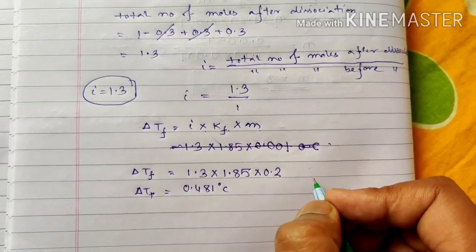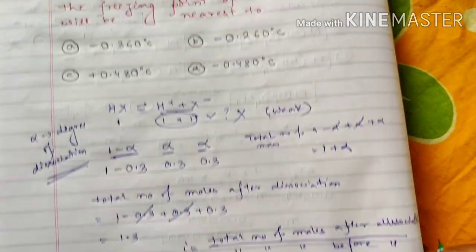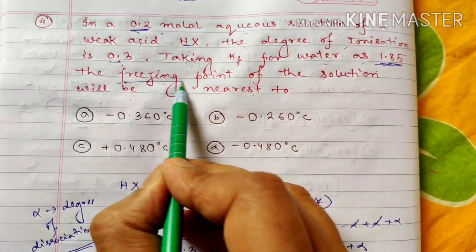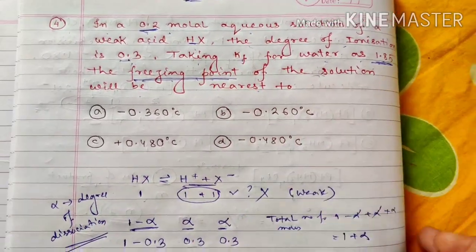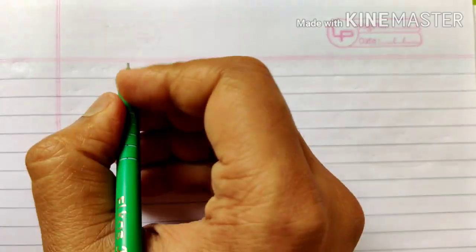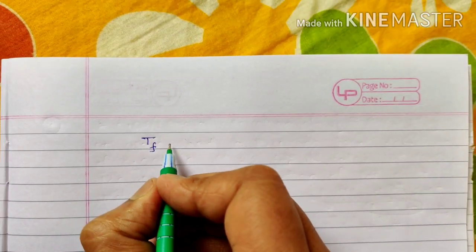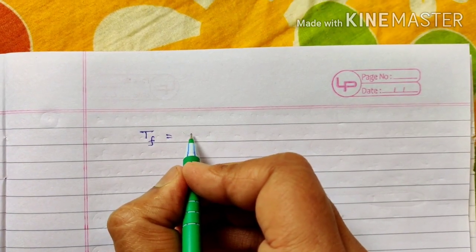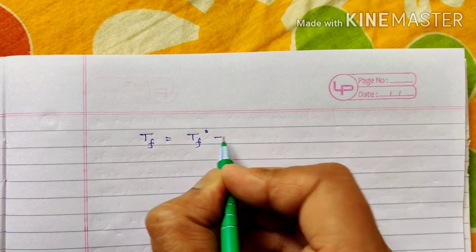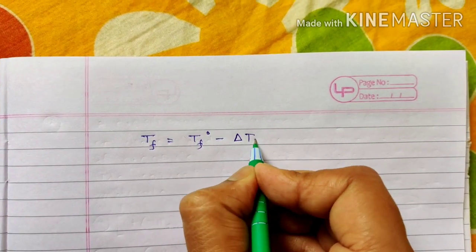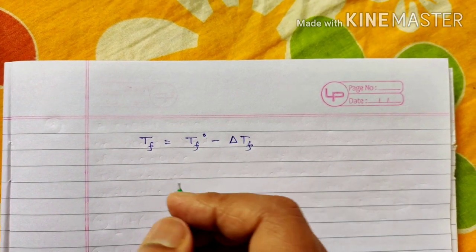If we want to calculate, which is what the question asks, the freezing point, not the depression, the freezing point of the solution, then we know that the freezing point should be Tf naught minus delta Tf. You can see this formula.